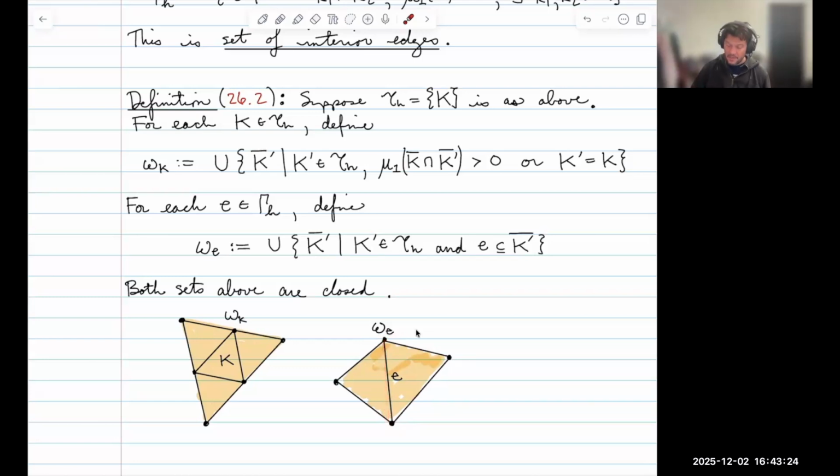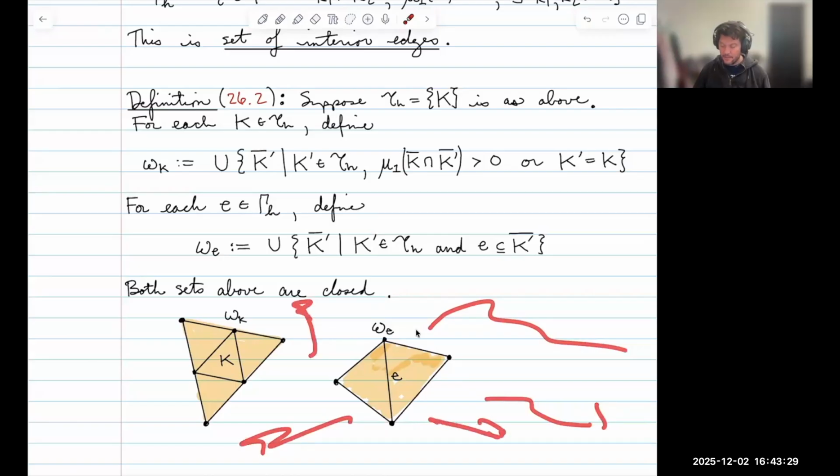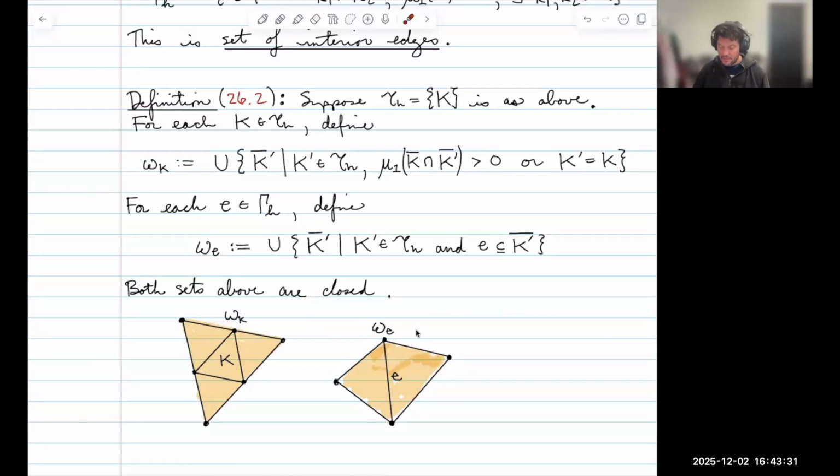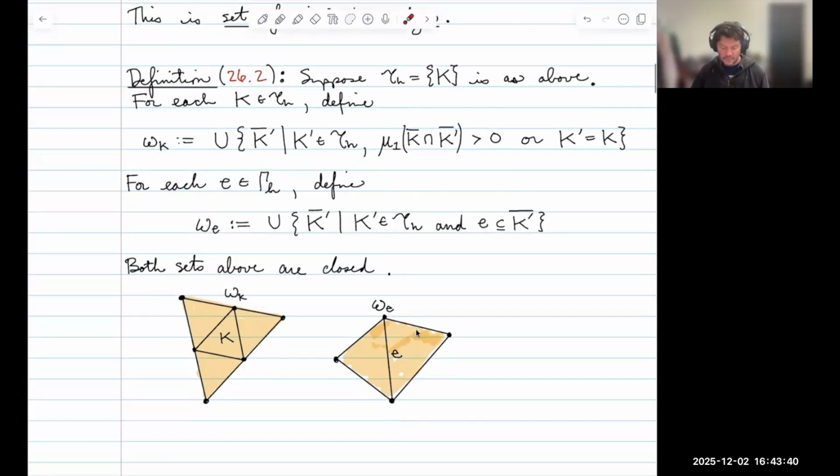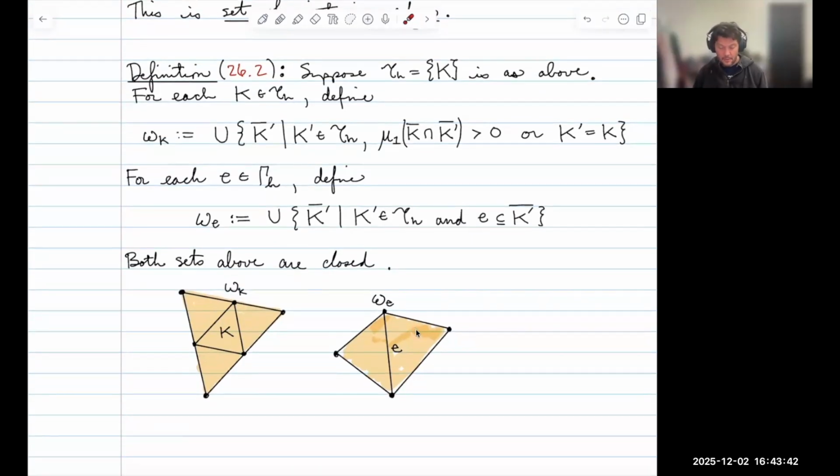Now, of course, the mesh is bigger than this. The mesh goes on and on in all directions. But for every edge, this set only has two triangles in it. For every triangle, this set has one, two, three, four triangles. It seems quite self-evident that since this triangle has three sides, it's going to be the union of four triangles: itself, and its three neighboring triangles sharing a full edge.